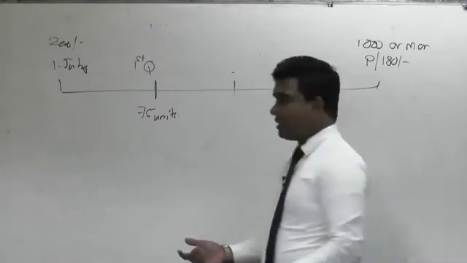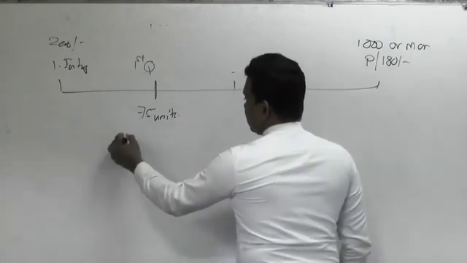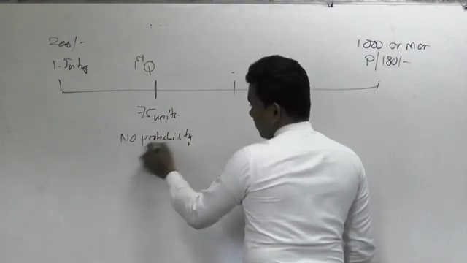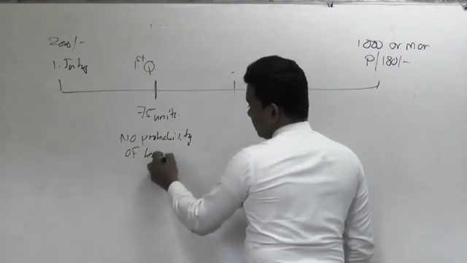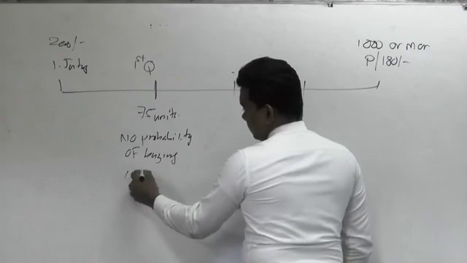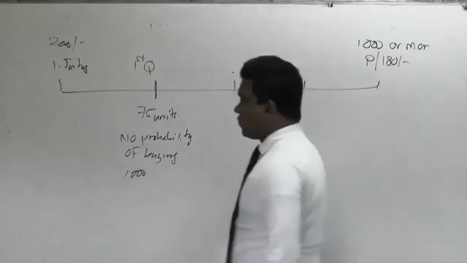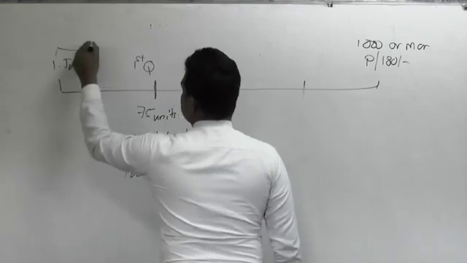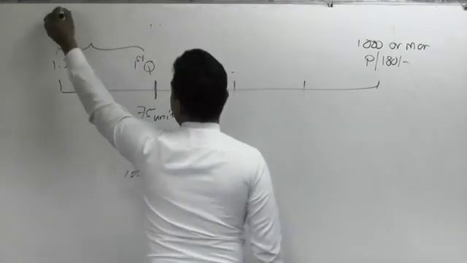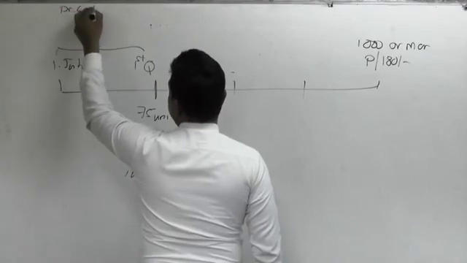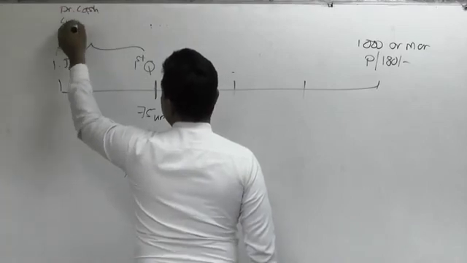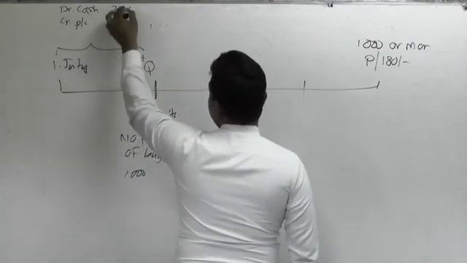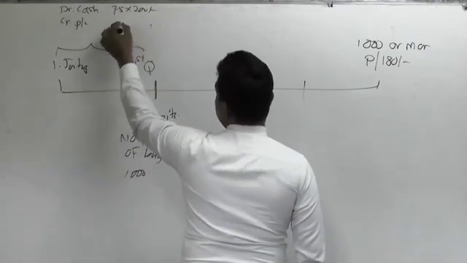Therefore, there is no probability of buying 1,000 or more. Is that clear? Therefore, you can conclude there is no probability of buying 1,000. Therefore, for this quarter, you will recognize revenue: debit cash, credit P&L, 75 units into $200.